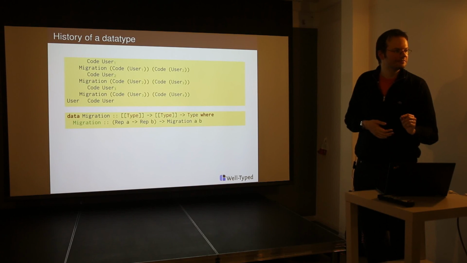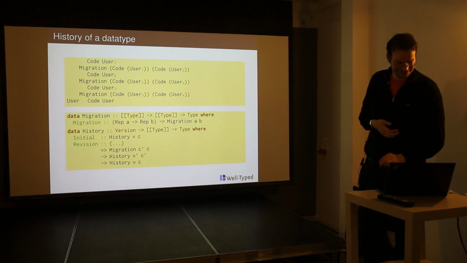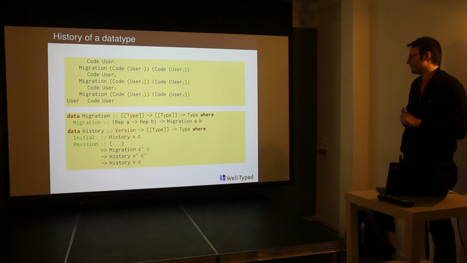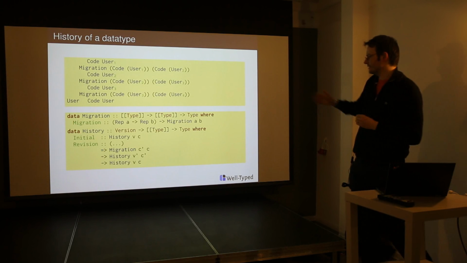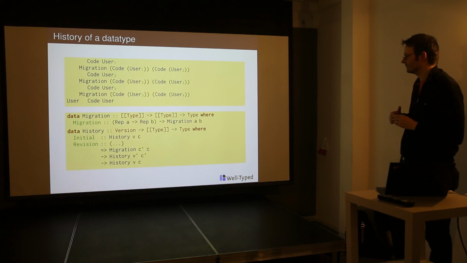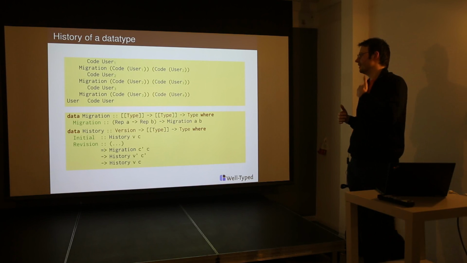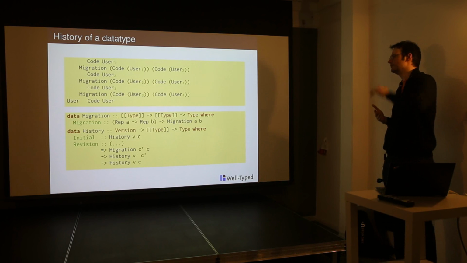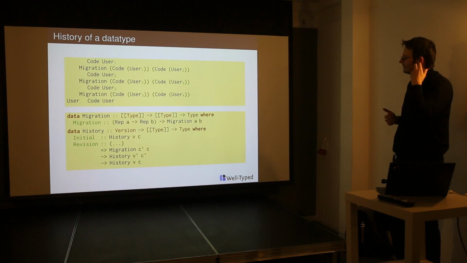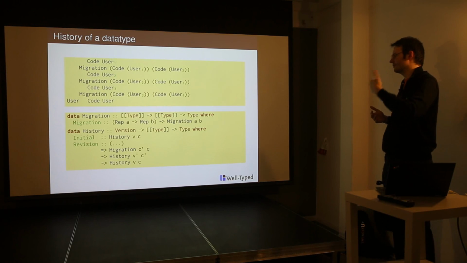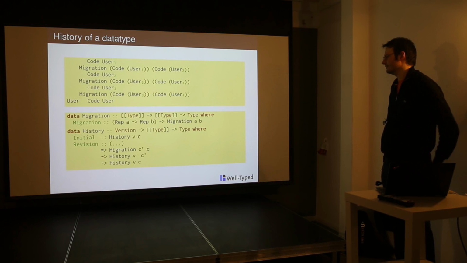Is that a question? Or just a thought? Okay. And now you want to chain these migrations, and one way to do that is to use a history data type, which is like this. I've omitted a little bit of detail there, where you say you have an initial revision, and then you have new revisions, and essentially every revision attaches a version, which is an arbitrary identifier.